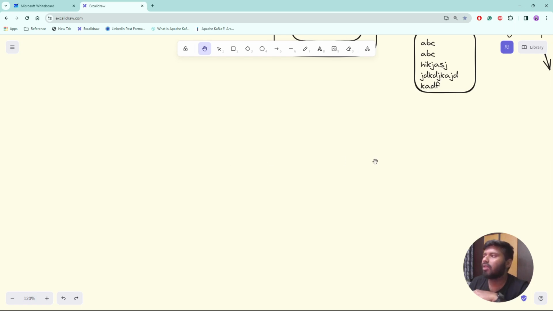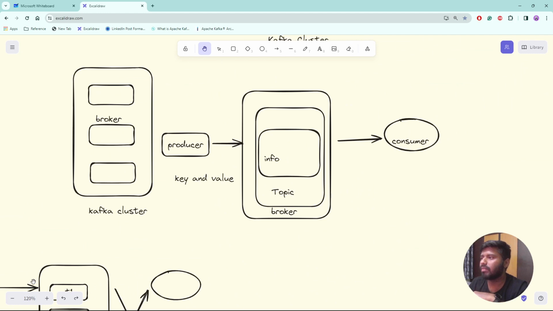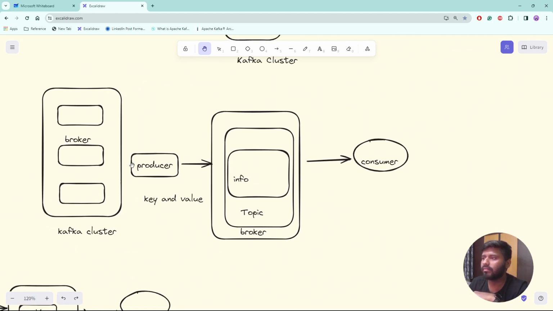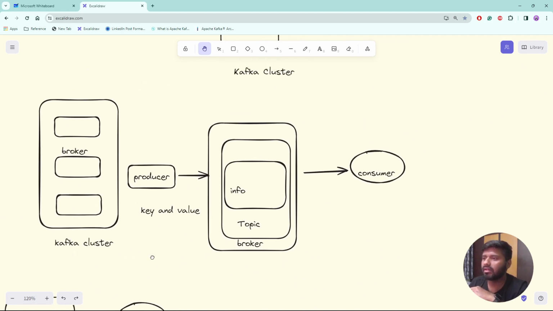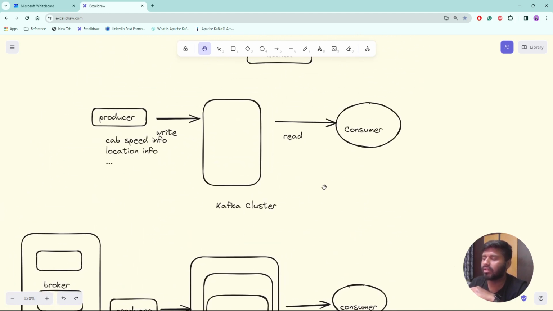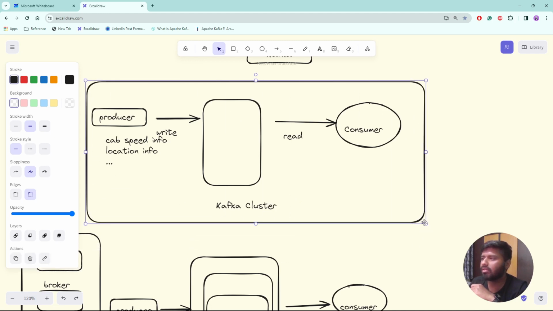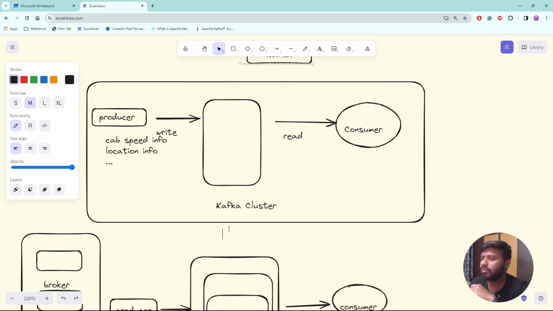One more thing I wanted to mention, if I consider this specific Kafka diagram, there is something called Zookeeper. So this entire Kafka is managed by something called Zookeeper.